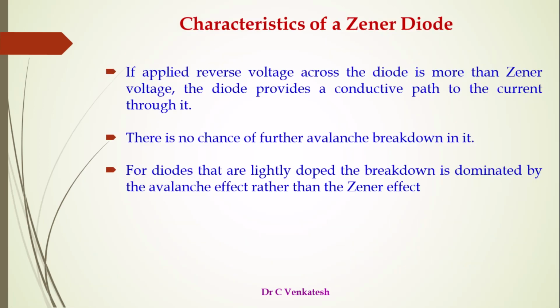If the applied reverse voltage across the diode is greater than the Zener voltage, the diode provides a conductive path to the current through it. Hence, there is no chance for further avalanche breakdown in it. For diodes that are lightly doped, the breakdown is dominated by the avalanche effect rather than the Zener effect. The application of the Zener diode is as a voltage regulator.